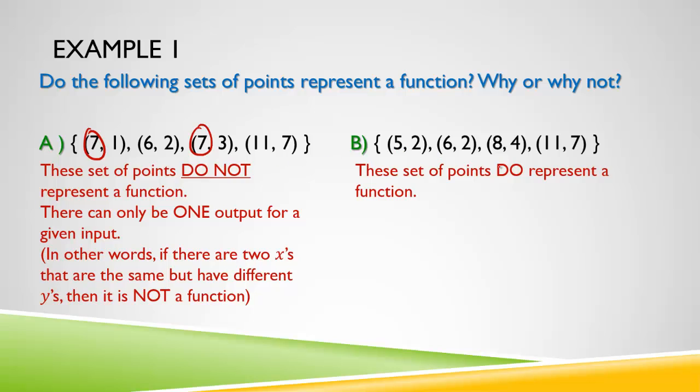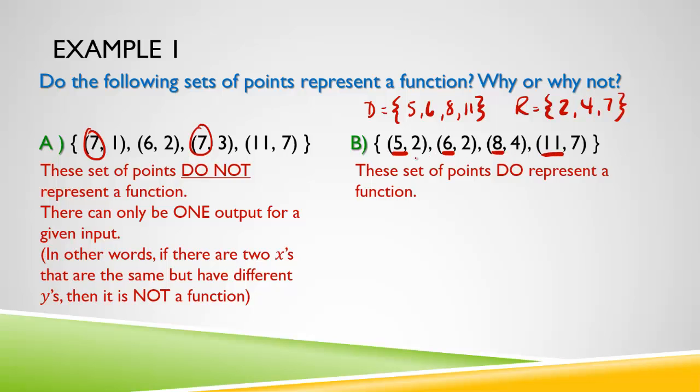These set of points do represent a function because our domain would be 5, 6, 8, and 11. And our range, even though we have 2 twice, remember I said it's okay for the y's to have that. So our range would be 2, 4, and 7. That's okay if they're the same, as long as each of the x's is different.